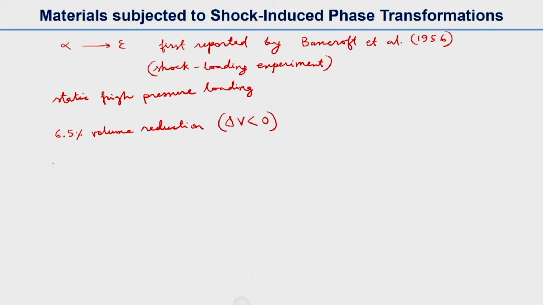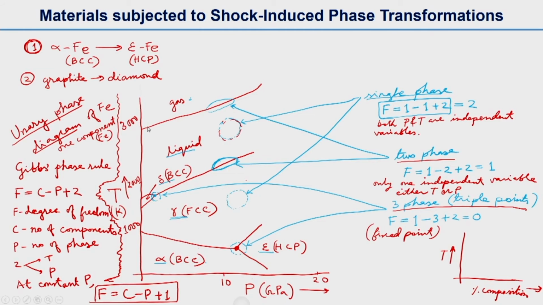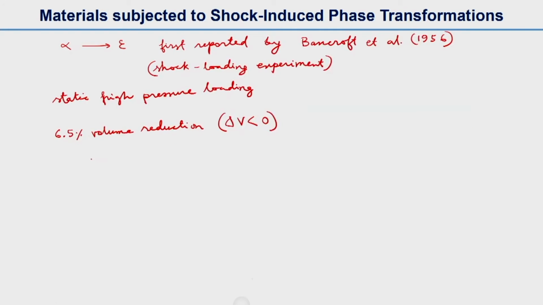So from the unary phase diagram of the previous phase, what we got is that the transition pressure, if you see in this line, decreases with increase in temperature.